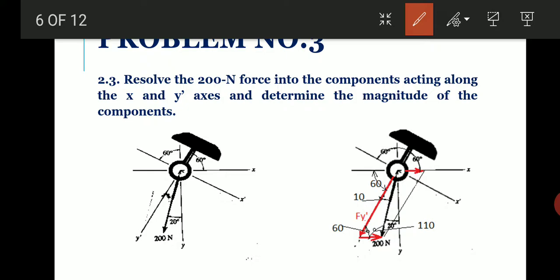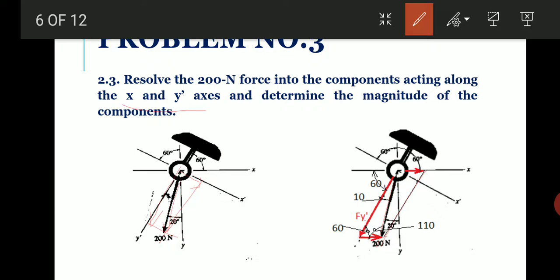Using the parallelogram method, we have here the force 200 Newton. Using the components along the x and y axes, this and this. So we got the drawing here.